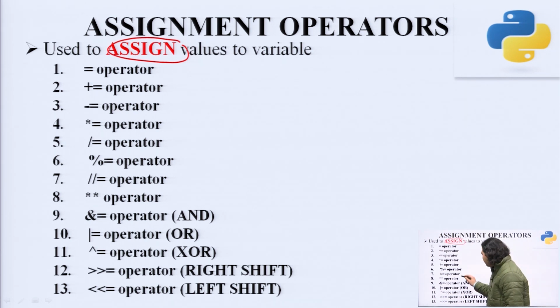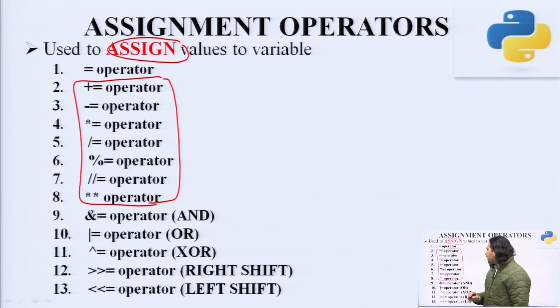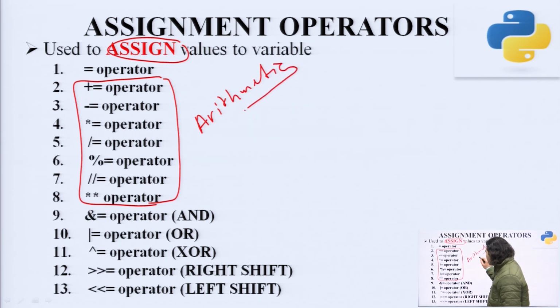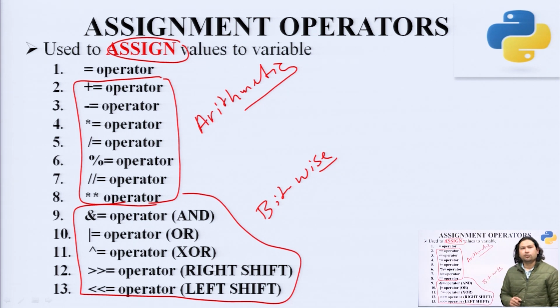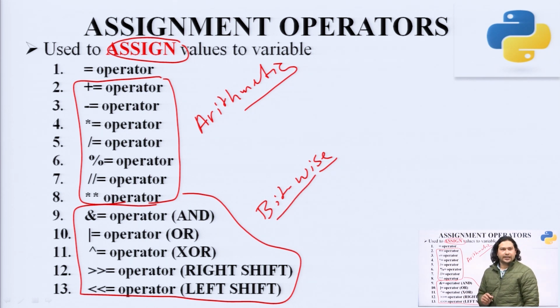Now, here you can see that these operators are already covered under the heading of arithmetic, and these whole operators are under the heading of bitwise operators, because we are talking of AND, OR, XOR, left shift, right shift, these are always performed with the bits information. So, we will see them in detail under the heading of bitwise operators.